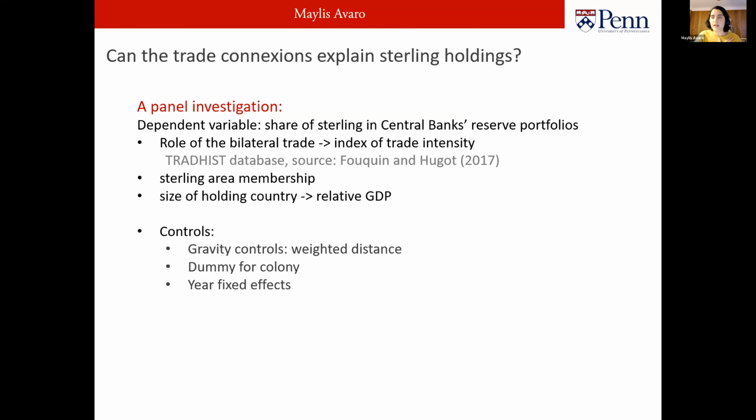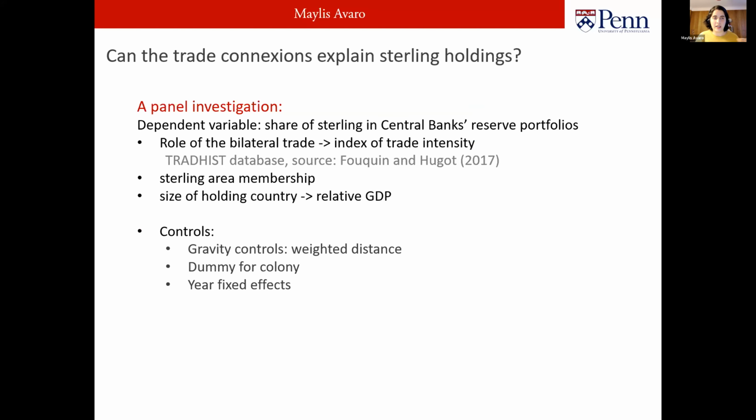And so one variable that could actually explain why sterling remained important in the sterling area would be bilateral trade. A relation between the sterling area country and the UK market would foster the use of sterling within the foreign exchange portfolio. To investigate this dimension, I run an empirical exercise.